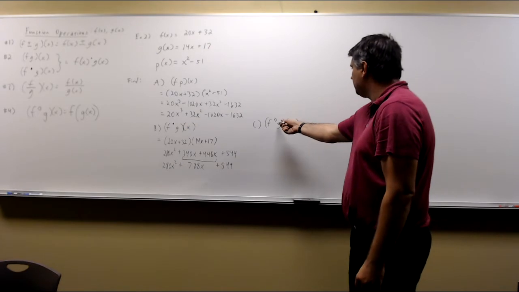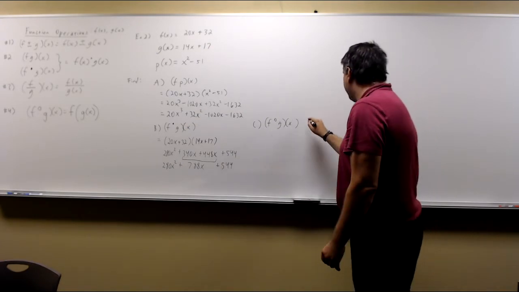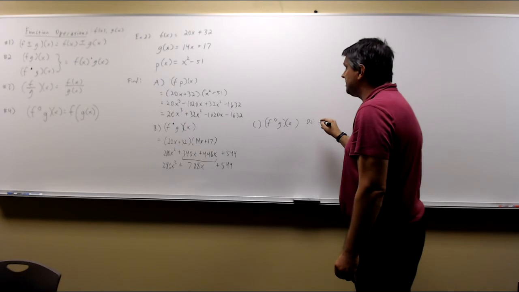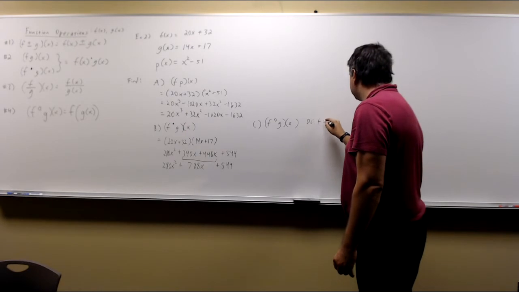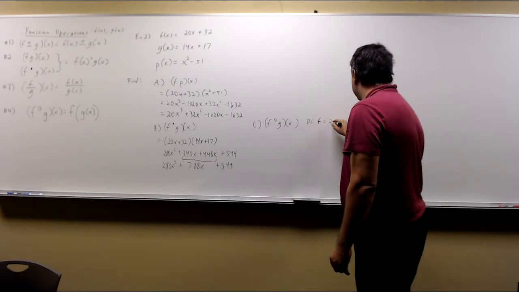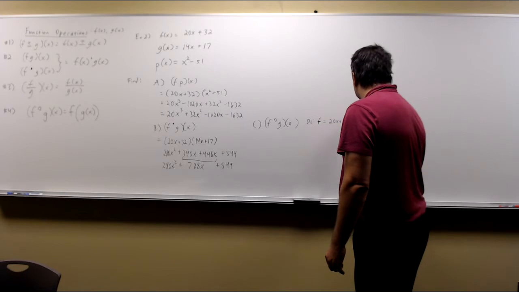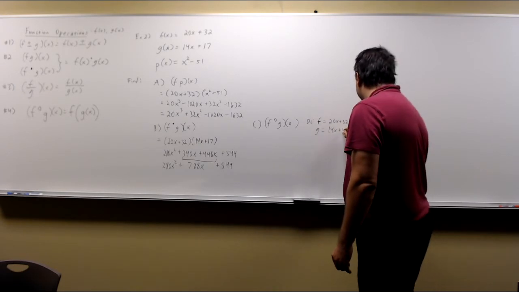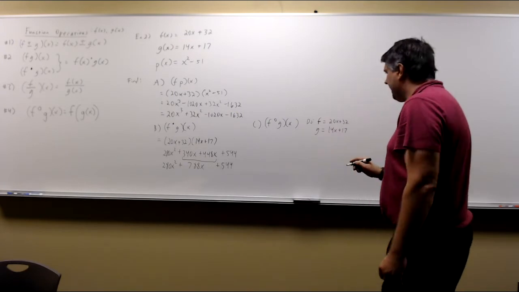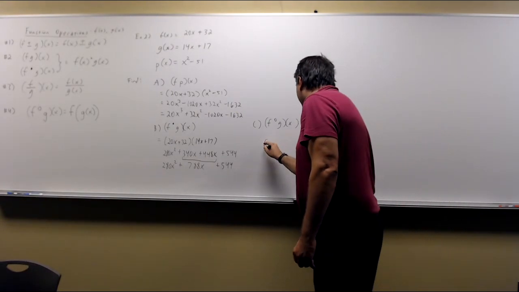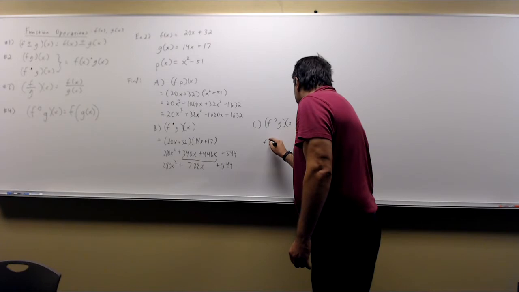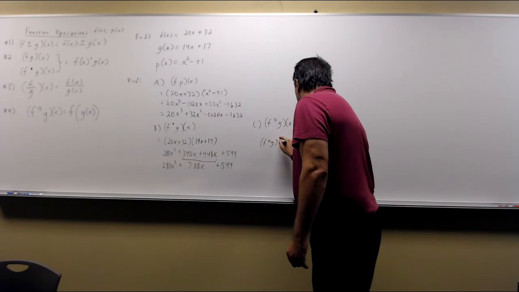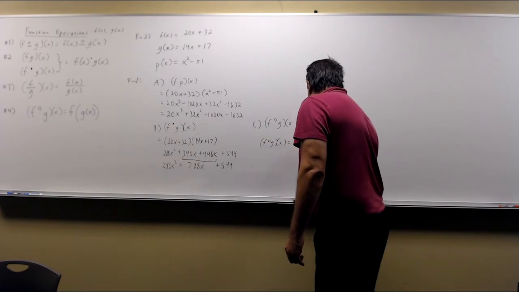This is function composition. So here I'm going to do what I did the previous example. F is 20x plus 32. G is 14x plus 17. Okay? So f of g of x is f of g.